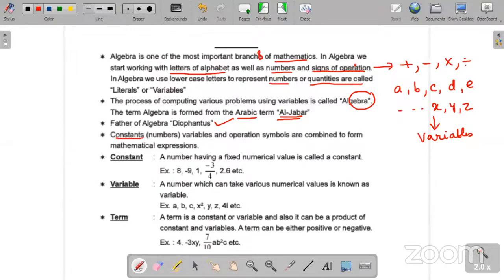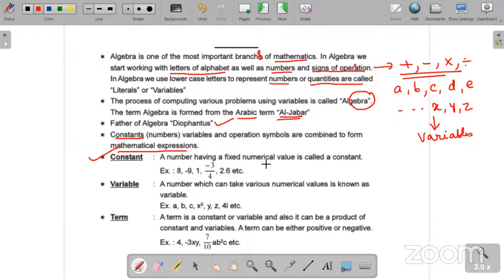Next, constants, that means numbers, variables and operation symbols are combined to form a mathematical expression. So how does the mathematical expression form? The mathematical expression will be formed using constants, variables and operation symbols. Operation symbols mean these symbols. So first let us have what is meant by a constant.